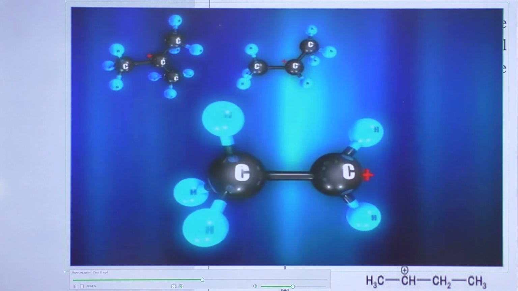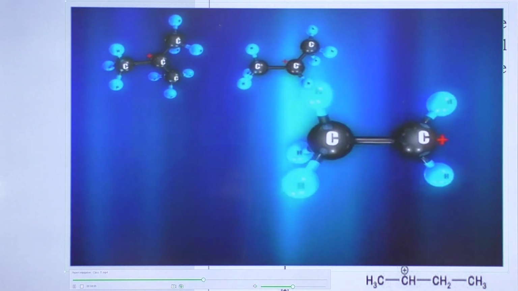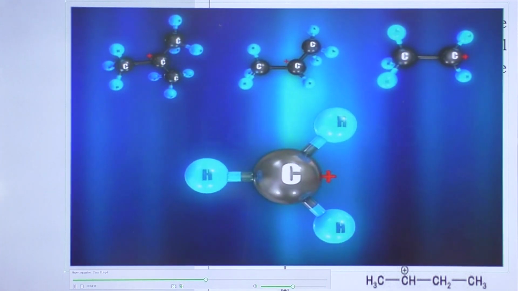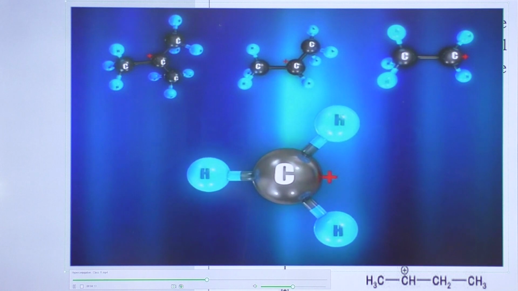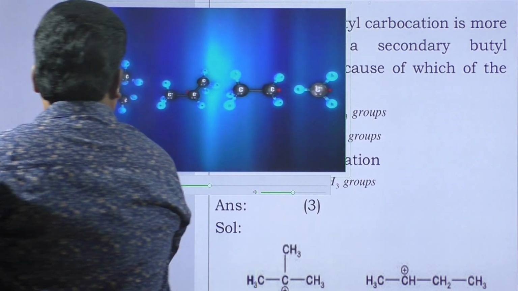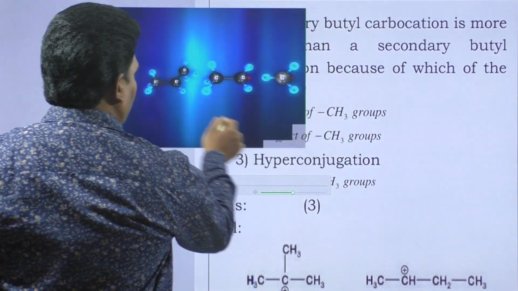The primary carbocations are definitely more stable than the methyl carbocation. More number of alpha C-H bonds, more hyperconjugation, more stable.